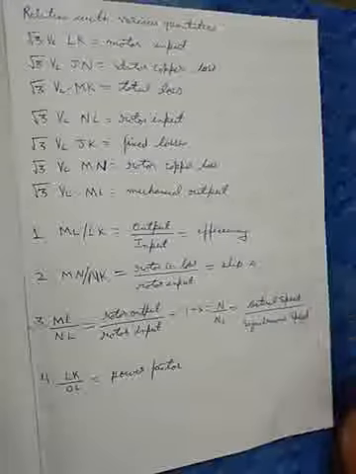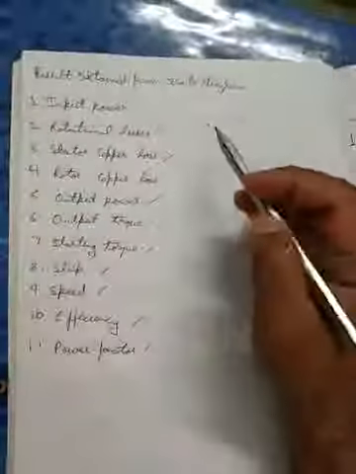We can easily calculate the ratio of actual speed to synchronous speed. Now LK upon OL is equal to power factor. It clearly indicates that from the circle diagram we easily determine all these values.